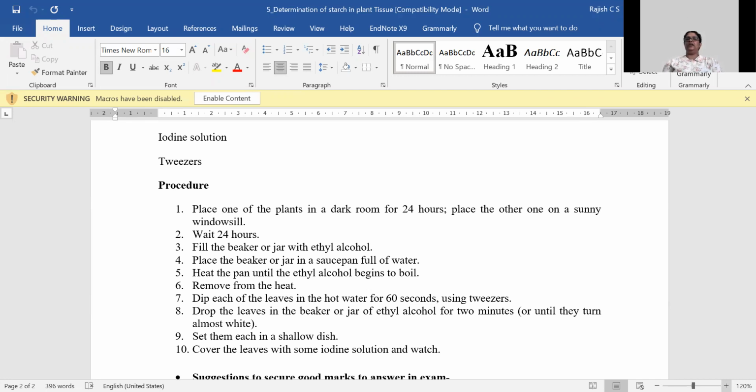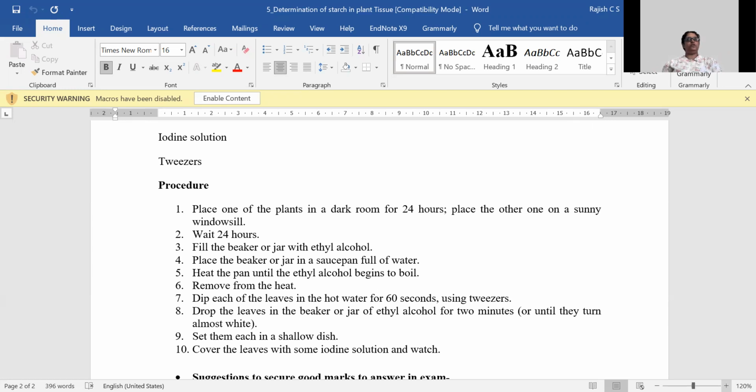If you are doing it in the summer season, then keep it preferably facing the north side, so that from east to west, the entire time the sun is moving, there will be light available to that windowsill, and so you are giving that plant enough sunlight. And then wait for this 24 hours for the incubation period.